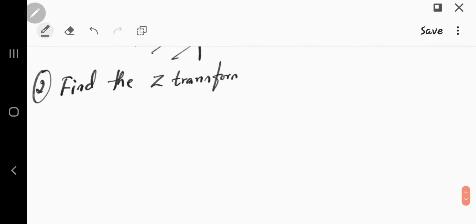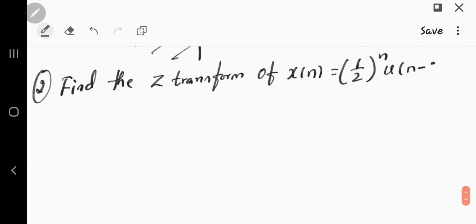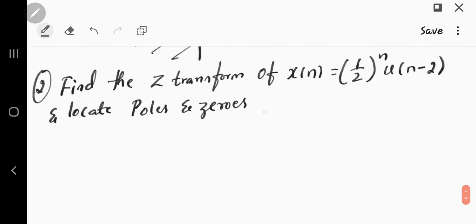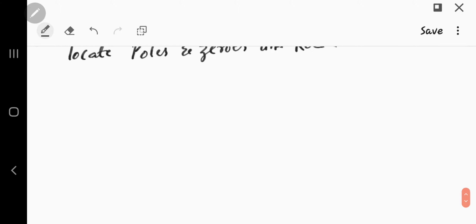So in this one, the problem is given: find the Z transform of x of n is equal to 1 by 2 to the power of n u of n minus 2, and locate poles and zeros and ROC. So this is the problem.